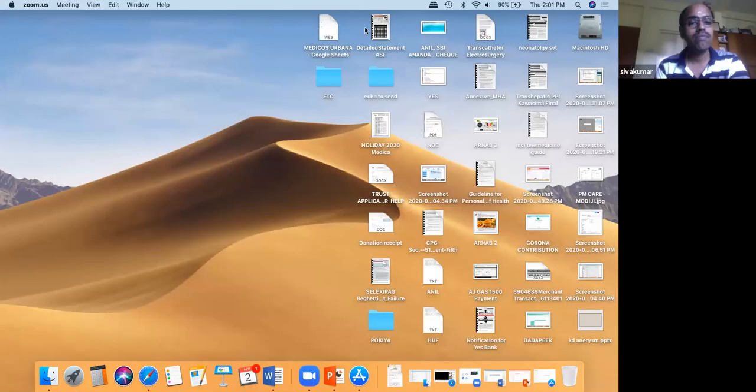Again, how to share the screen? Right on the bottom, near all the icons, the mute, start video. In that there is a share screen option. Yeah, this comes. Is it seen? Yeah, so we're seeing the desktop. Stop now.